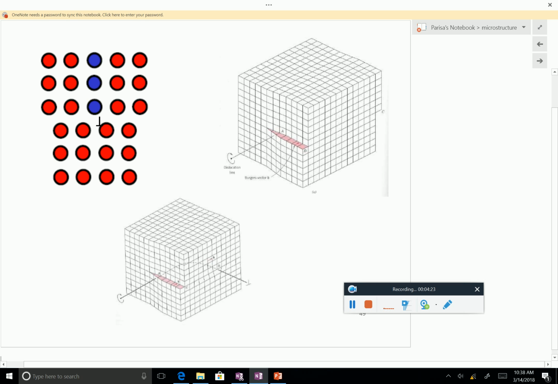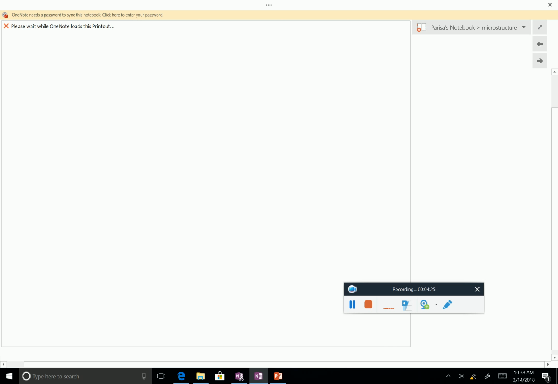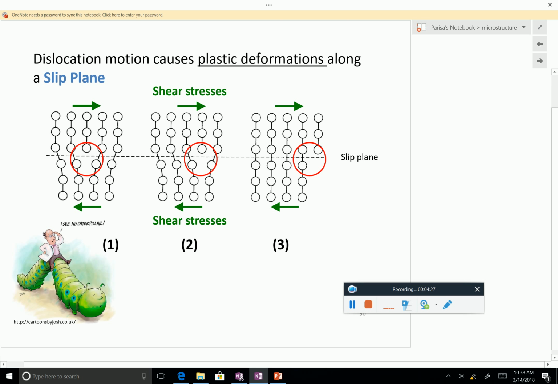Now, what is very important for us, these are different representations, is how dislocations affect the material properties. And for that, it's important to see what happens when you apply shear to a metal which has dislocation.